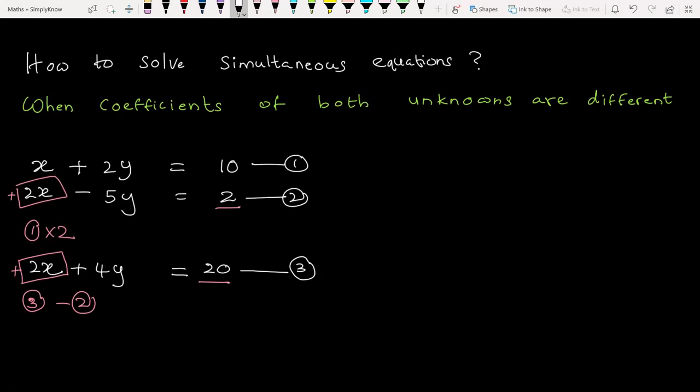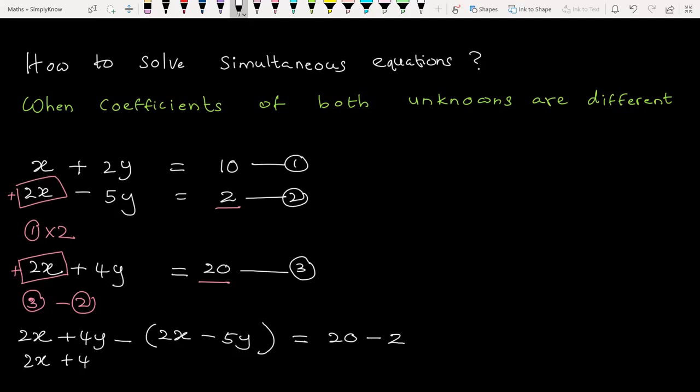So let's deduct: 2x plus 4y minus, put the brackets, 2x minus 5y, equals 20 minus 2. Now let's remove the brackets. 2x plus 4y, minus times 2x is minus 2x.